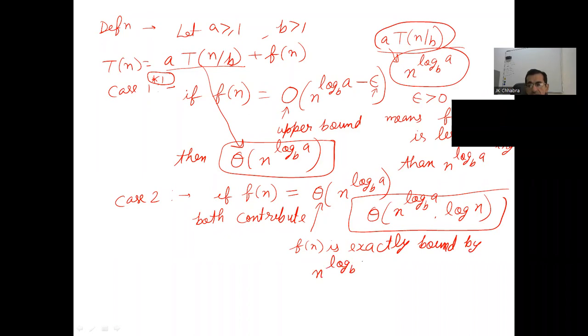So my recursive term also contributes n power log b a, and this also contributes something similar or exactly equivalent to n power log b a. Then my time complexity is claimed to be this one. It is going to be n power log b a into log n.